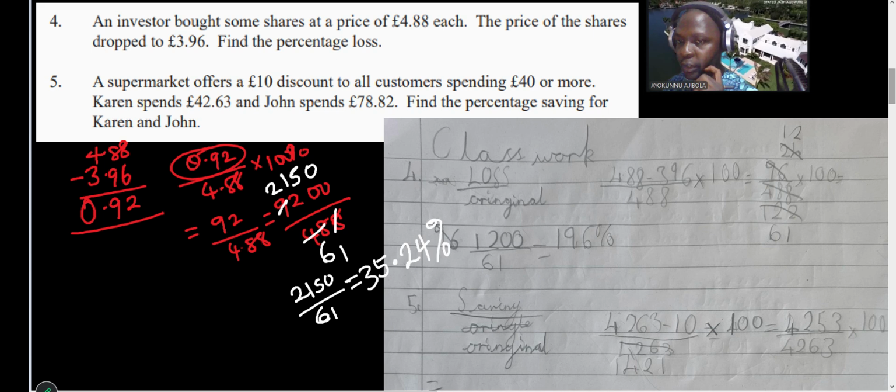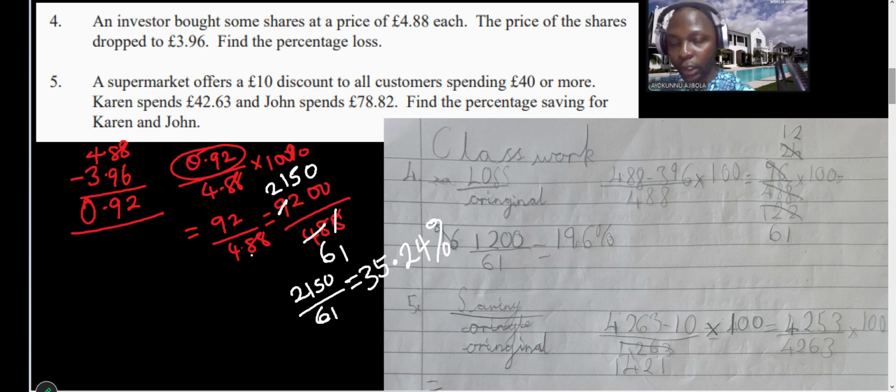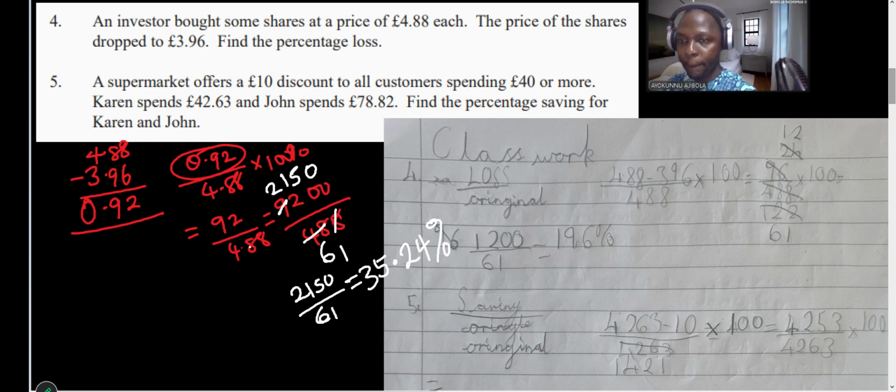And this is fraction to decimal fraction. So we can now say 92 times 100 over 488. So the assumption was right. Then what we need to do is to cut it down, right? Let me now cut it down and see if it gives me the correct value.